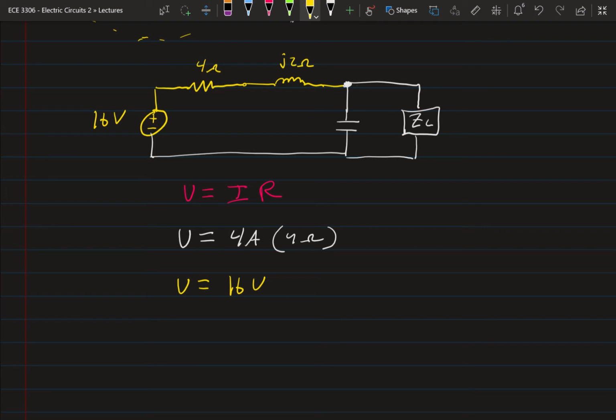Now the last thing we need to do, well, not really the last thing, remember that capacitor is minus j6, is we're now ready to combine all of them. So we need to take this guy and convert it into its Norton equivalent, so that we can combine it in parallel with this resistor. So let's do that.